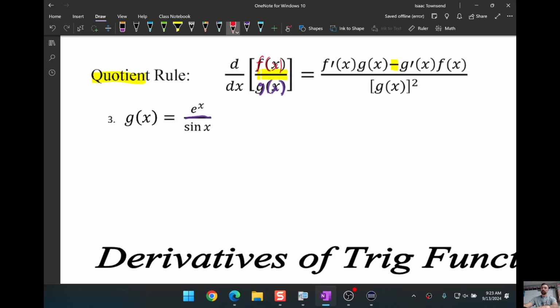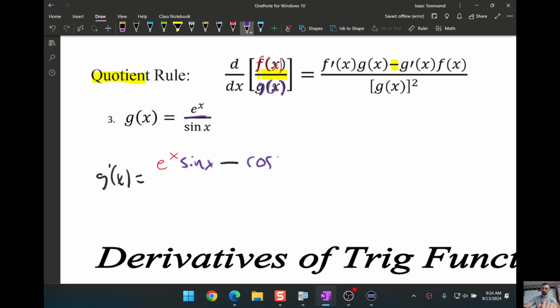It says take the derivative of the numerator, which would be e to the x. The derivative of e to the x is e to the x, times the denominator left alone, minus, now I want the derivative of the denominator, and what is the derivative of the denominator?